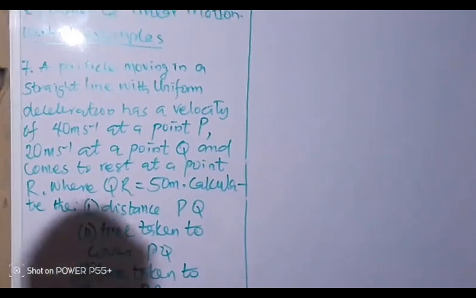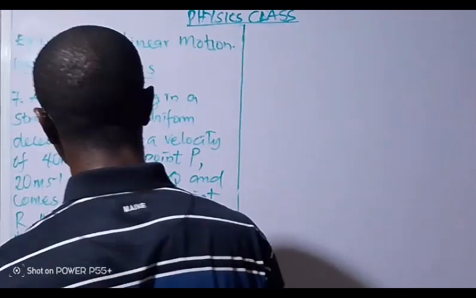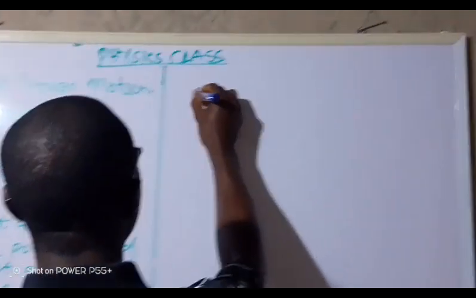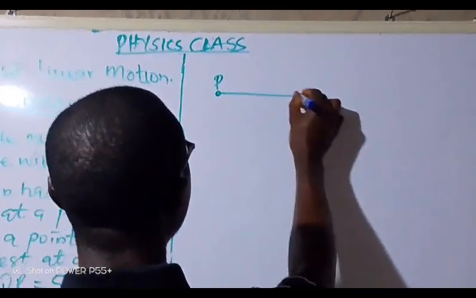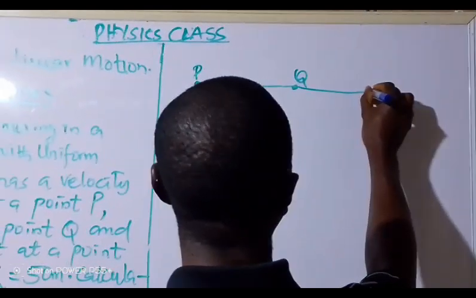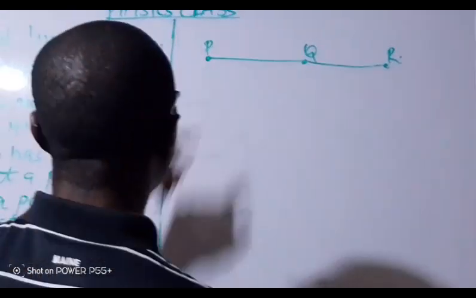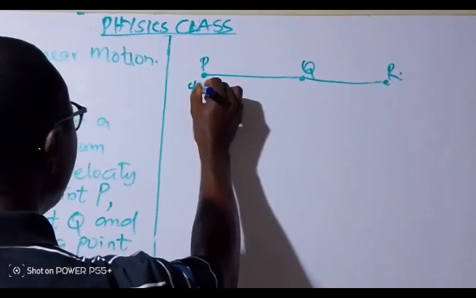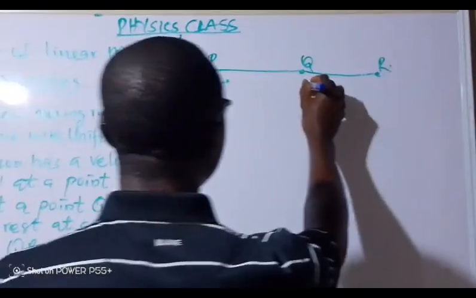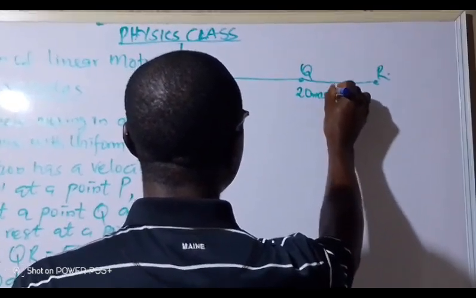Now, according to the question, the particle decelerates. Let's show the motion. Let's say this is point P, this is another point Q, and this is another point R. The question says the velocity at point P is 40 meters per second, and the velocity at point Q is 20 meters per second.